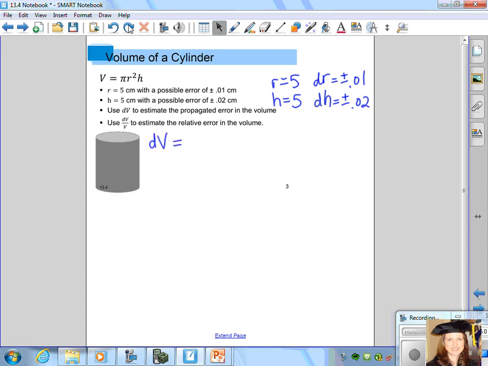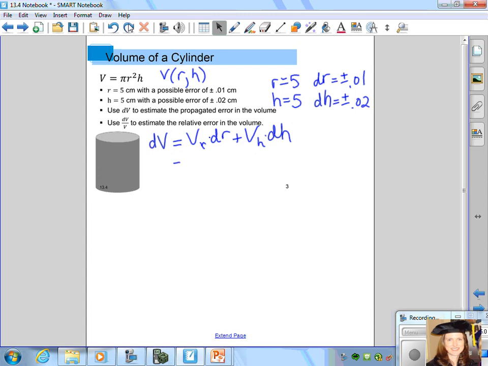Well, you know that dV is equal to, since volume is a function of r and h, the partial derivative of the volume with respect to that first variable r times the differential r, plus the partial derivative of the volume with respect to h times dh. That's your total differential. The partial derivatives times the differentials, add those together.